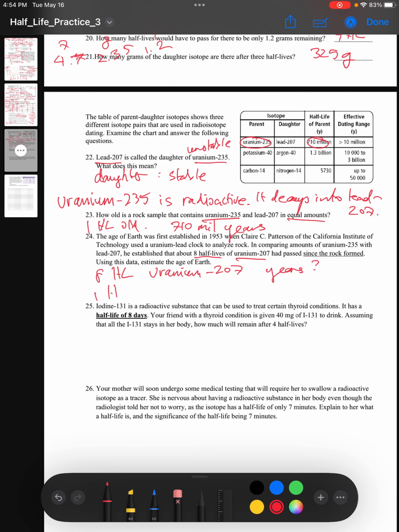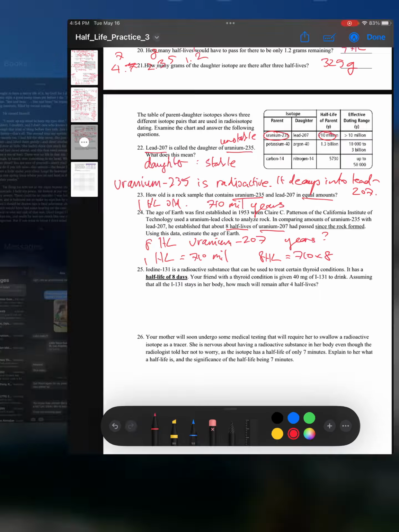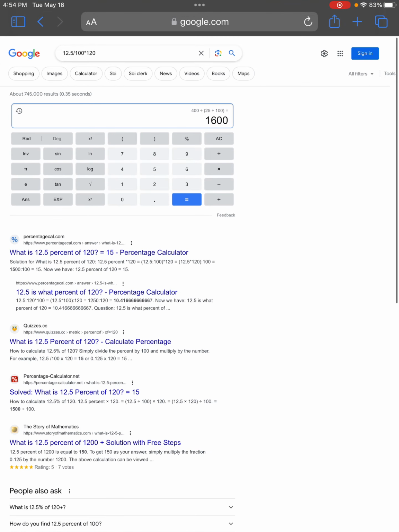I think they meant to say uranium-235. One half-life of uranium-235 is 710 million years. So therefore 8 half-lives is 710 times 8, 5,680 million years.